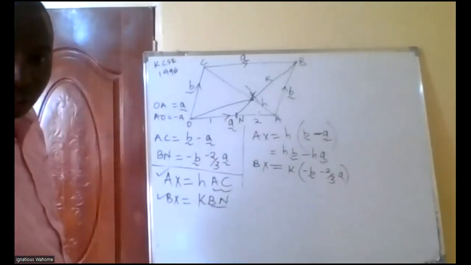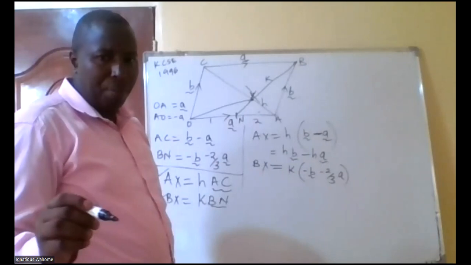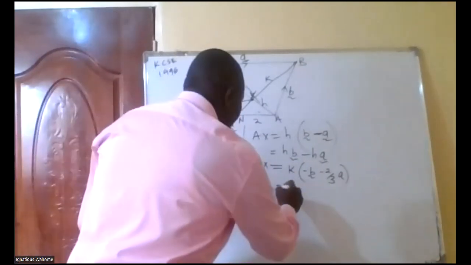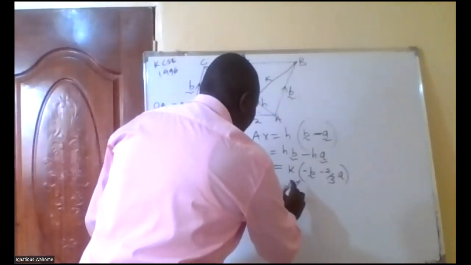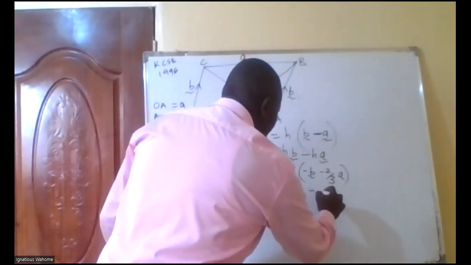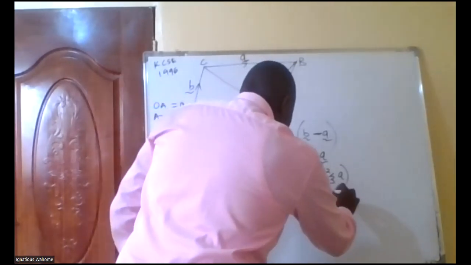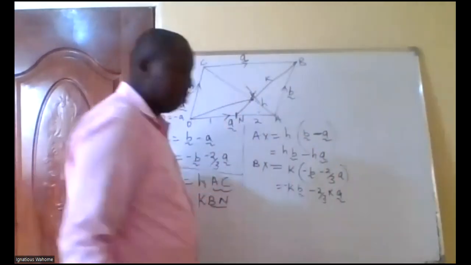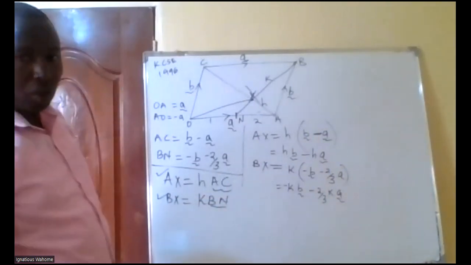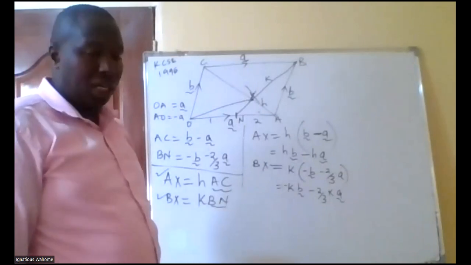So you already have that. The next step, open this bracket. You get minus k vector b plus 2 over 3 k vector a.